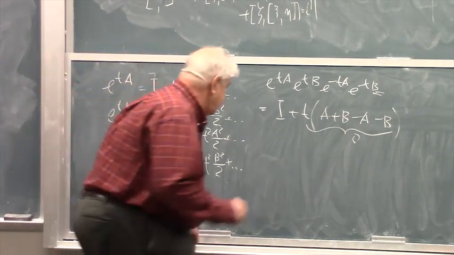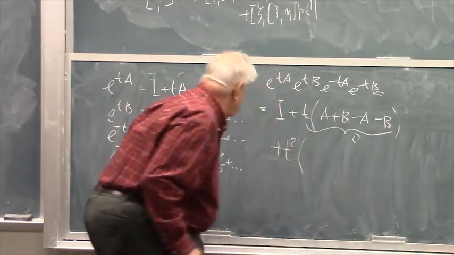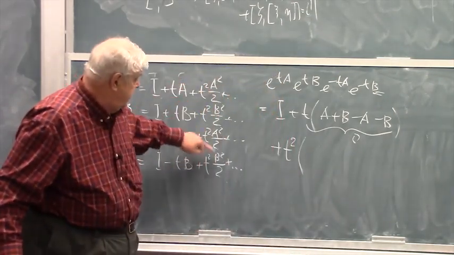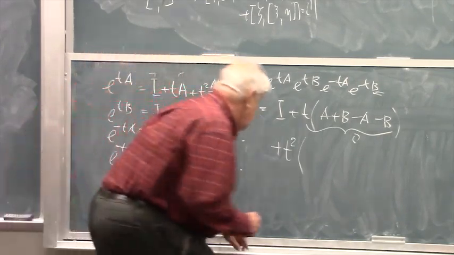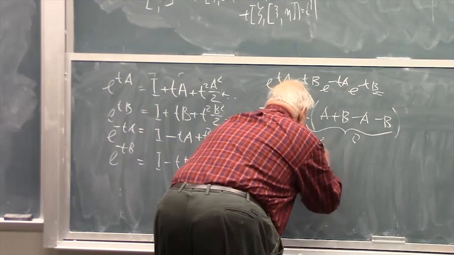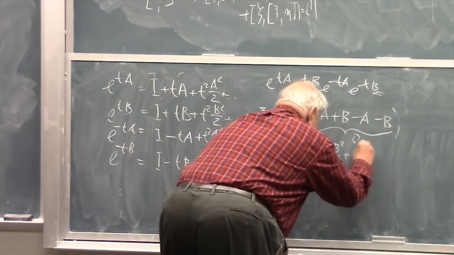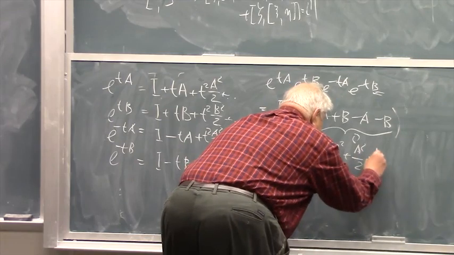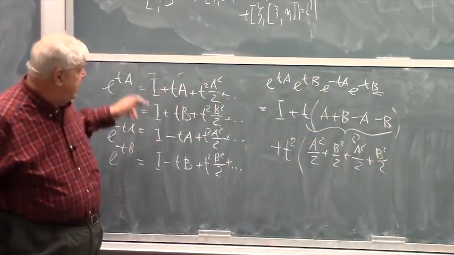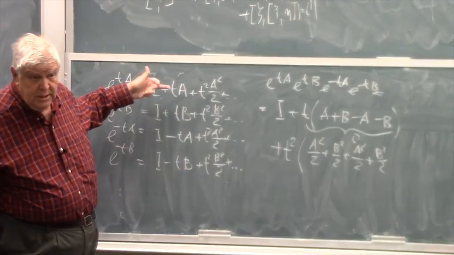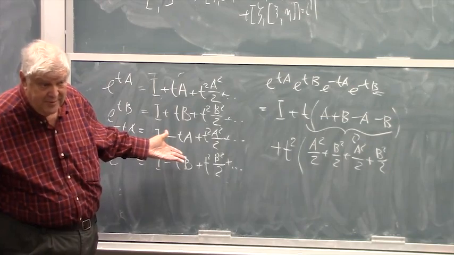Now, plus t squared times what? First, we can take each of those times I. So I write A squared over 2 plus B squared over 2 plus A squared over 2 plus B squared over 2. And also, we can take double products of two terms of degree 1, right? There will be 6 of them.